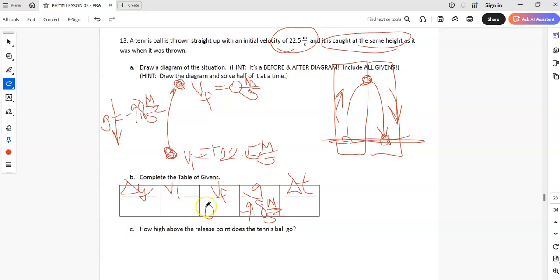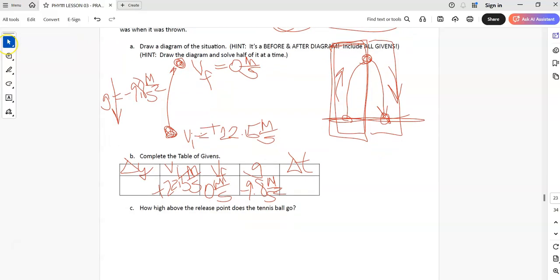We've got a final velocity for this half of the action. And so the final velocity is 0, and we're told that the initial velocity is plus 22.5 meters per second. So we've got our three numbers. We can now solve for anything else.